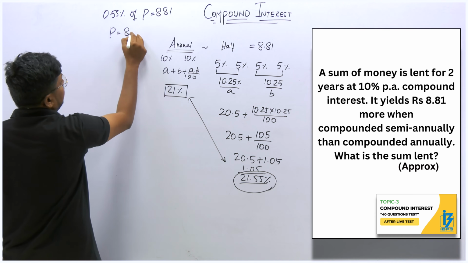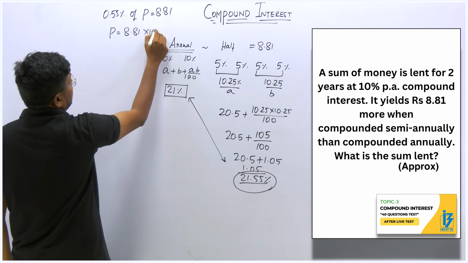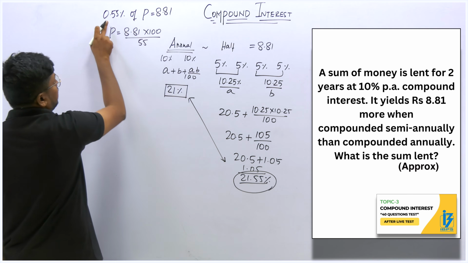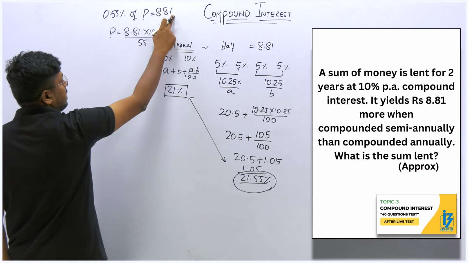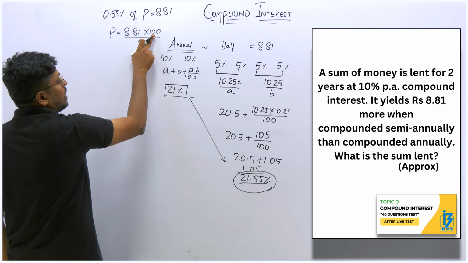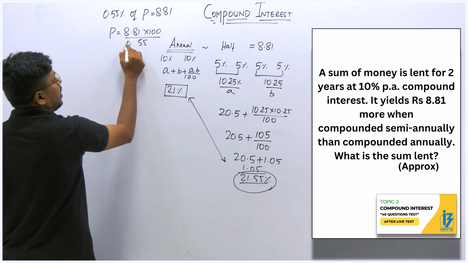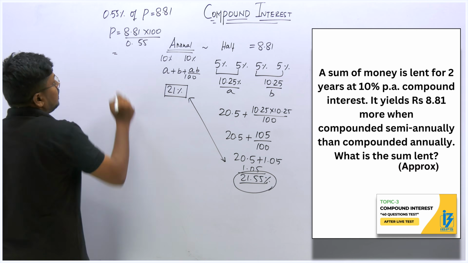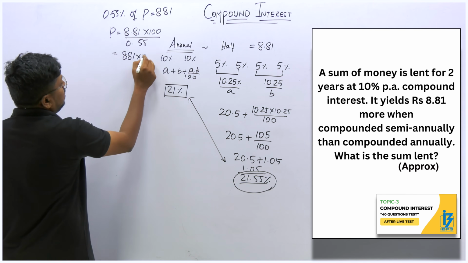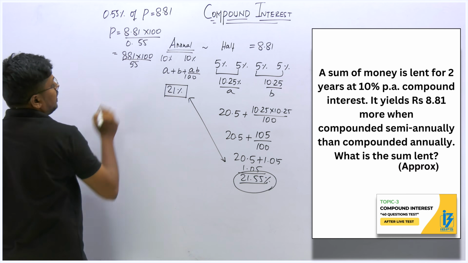So principal is equal to 8.81 into 100 divided by 55, because 0.55 percentage can be written as divided by 100. When you multiply 100 here, so 8.81 into 100, already we have 0.55. So now this can be written as again 881 into 100 divided by 55.